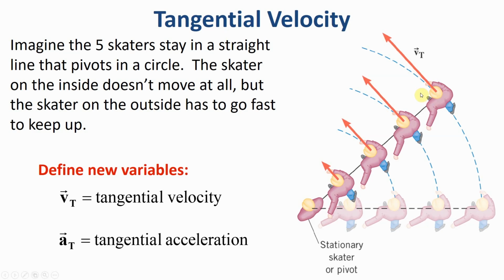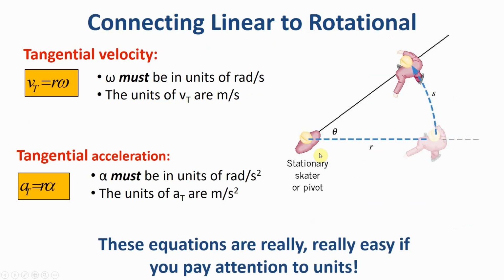Okay, diagrams and units are all we need. So if I think about the distance he travels from our radians equation, it's going to be r times theta. And if theta's changing, the rate that that's changing is omega. So the rate that my distance s is changing is just going to be r times omega. So for tangential velocity, omega's got to be in radians per second.